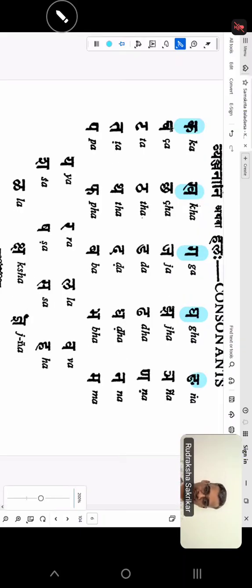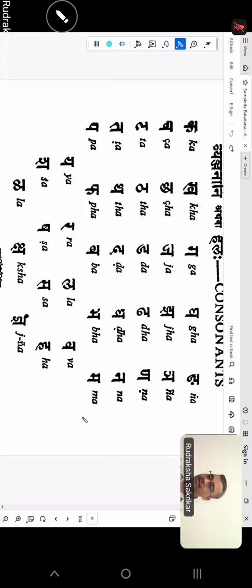In ch there is a small vertical line, but it is there. In j, jh, y, t, th, d, dh, n, p, ph, b, bh, m. In r there is a vertical line and then it goes to the right side. In l, in v, in sh, s, h also. So in all the consonants, when we write them, the vertical line is given.